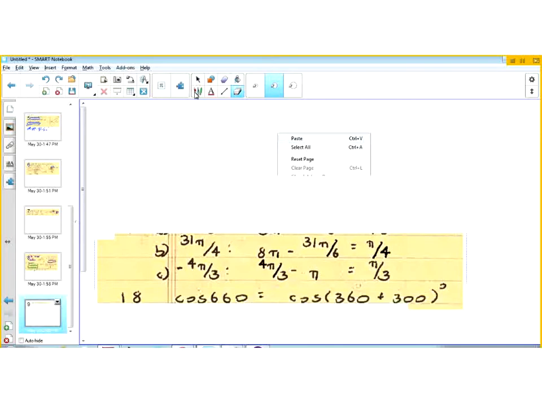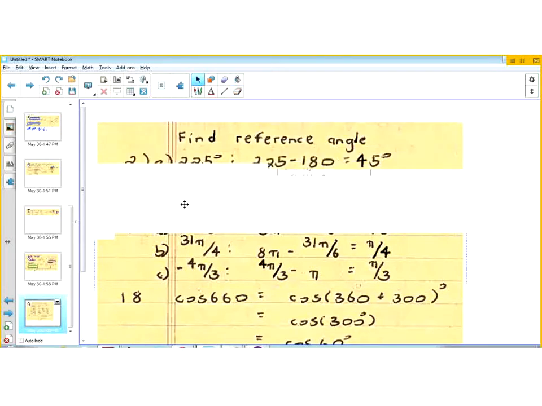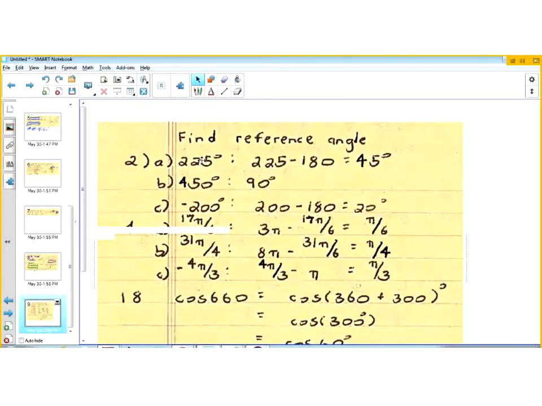So how about these problems? Find the reference angle for 225 degrees. Well, 225 degrees is in what quadrant? That would be less than 270 but greater than 180, so that's a quadrant 3 value. So it would be 225 minus 180. And if you need an assist, just draw a picture.